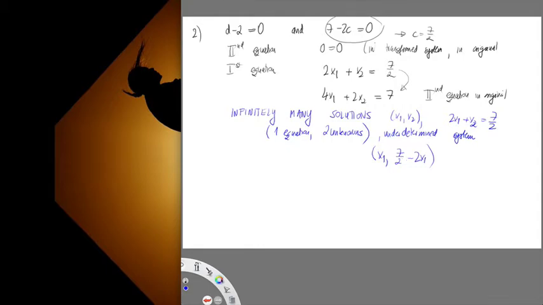And then my third case that I need to discuss is when d minus 2 is not equal to 0, but 7 minus 2c is still equal to 0. The weird case I'm going to look at is that I'm going to have d minus 2 times x2 is equal to 0. That just gives me, no, which one? This one is equal to 0, but the other one is not.